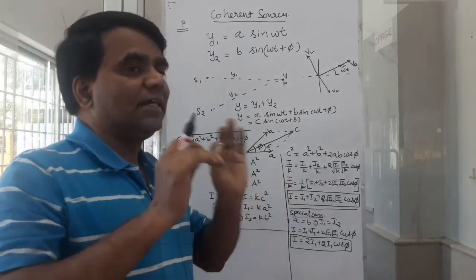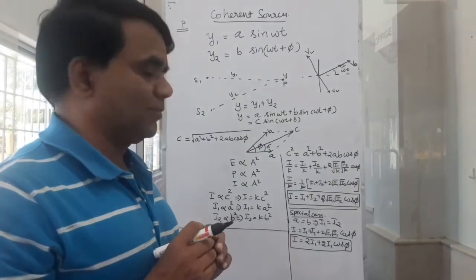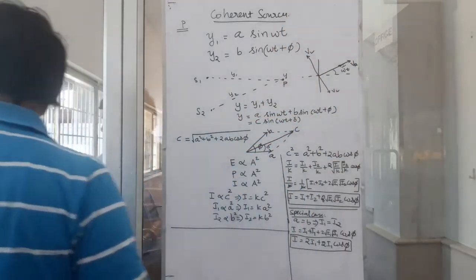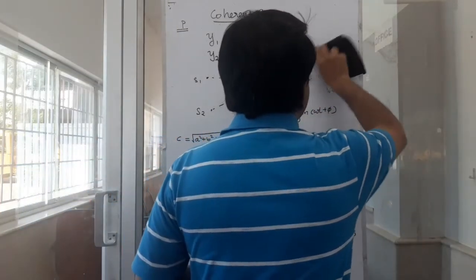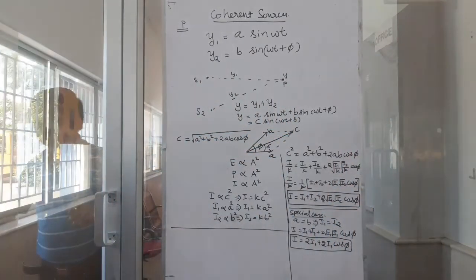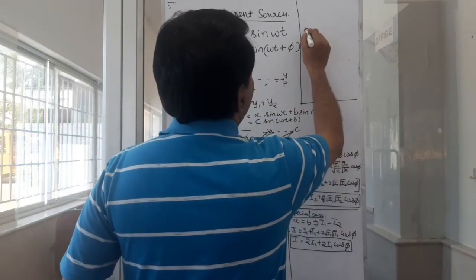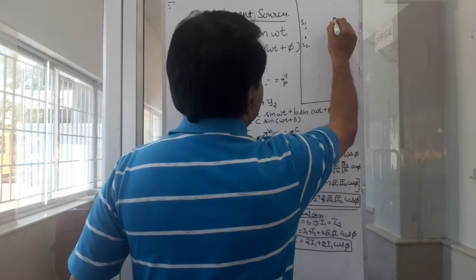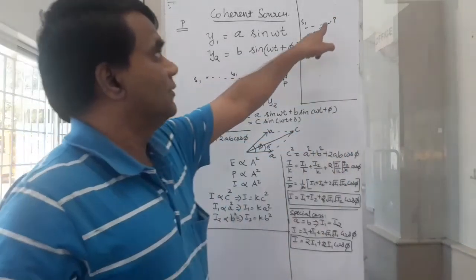Now let's take the case where A is equal to B. At different points around these sources, S1, S2, let me take this point P. A is equal to B, then what is going to be the intensity here at this point?